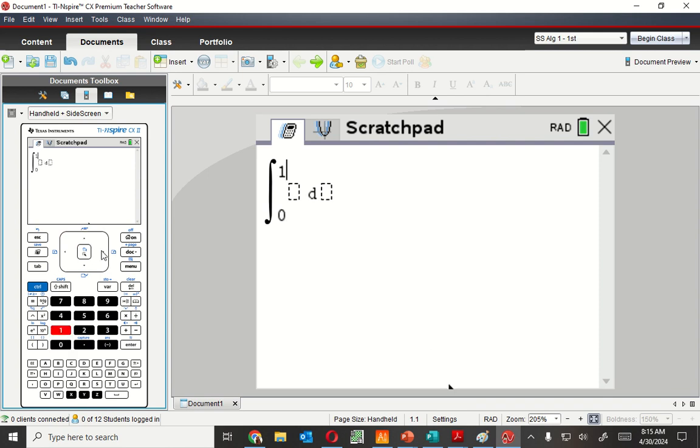Where's the numerical integration? Menu, calculus. Just go integral. Your calculators will do more than what I have.